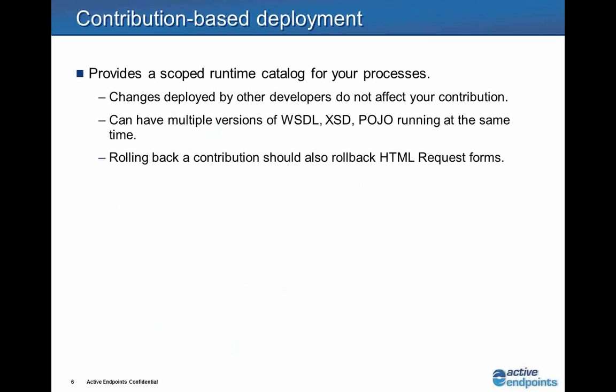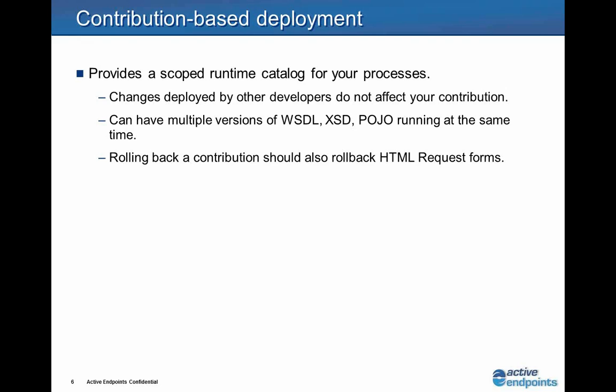So, given that, we got a number of benefits around this: coarser-grained contribution-based deployment. You've got a scoped runtime catalog where in the past, ActiveVOS has introduced a registry, a catalog of all of the artifacts available in your service-oriented architecture.